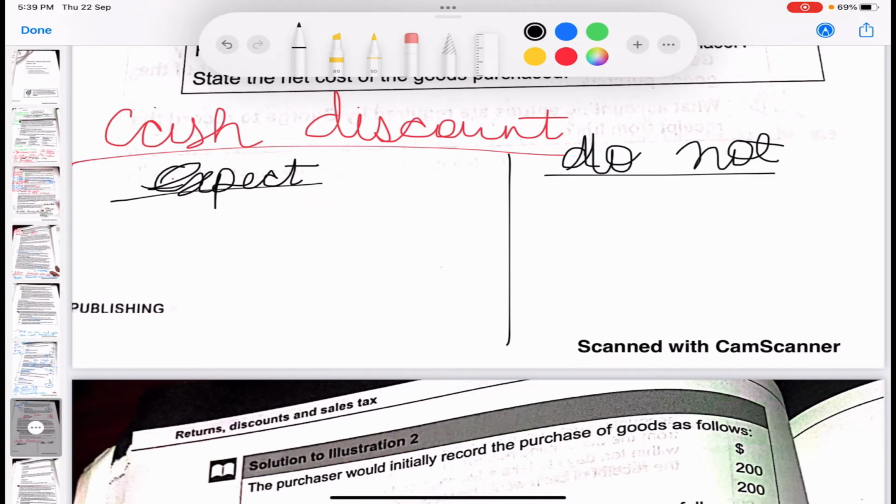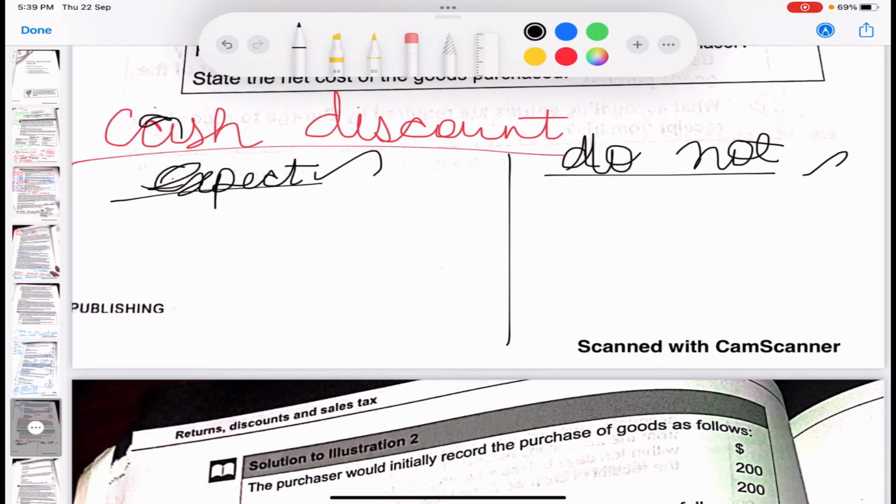So there are two assumptions we can make: either that the person will be availing the cash discount, or the person will not be availing the cash discount. So when a person avails the cash discount, what will be the entry?